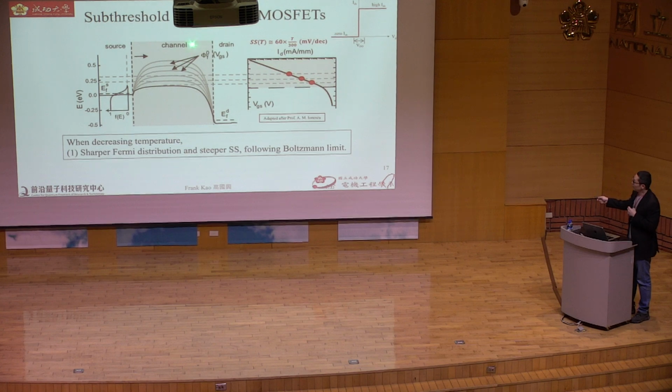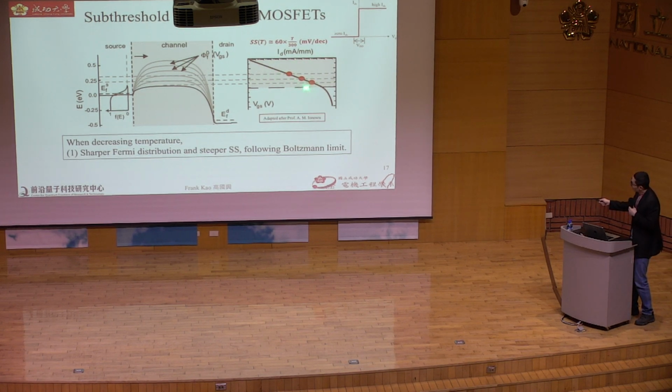So when you gradually apply gate bias, your thermionic electrons can gradually overcome this barrier and go to the drain side, contributing to the drain current. This is the reason why you have this tail. And people also say this is the fingerprint of the Fermi-Dirac distribution present in the IV curve of a MOSFET.